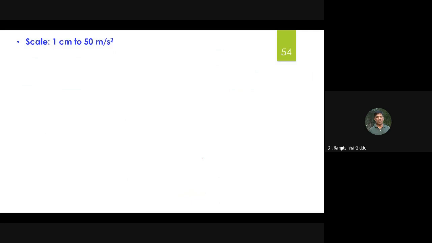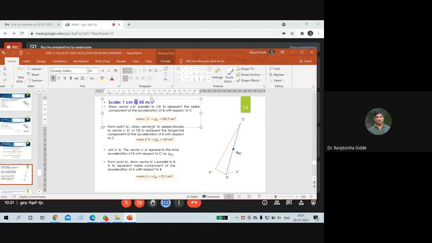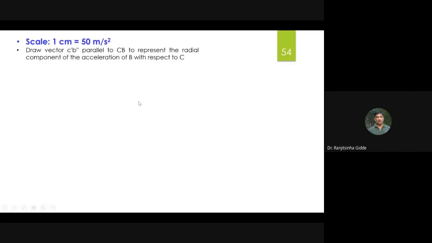Next line you can write, scale: 1 centimeter is equal to 50 meter per second.